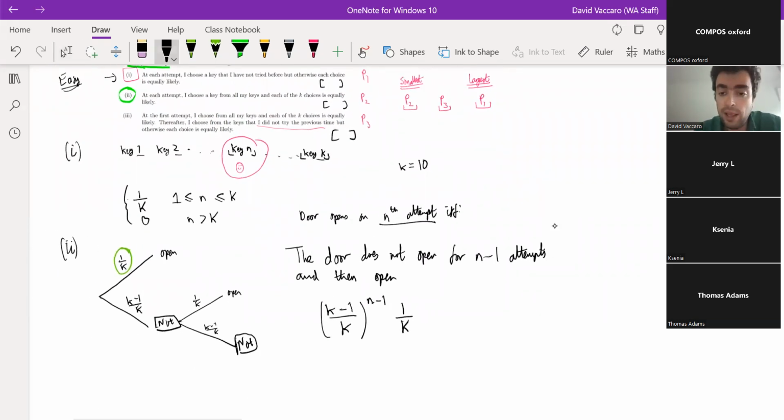Okay, now let's draw a tree. Attempt 1 is special because the door just opens with probability 1 over k. And then with probability k minus 1 over k, it stays closed.